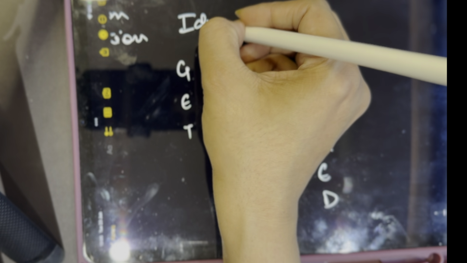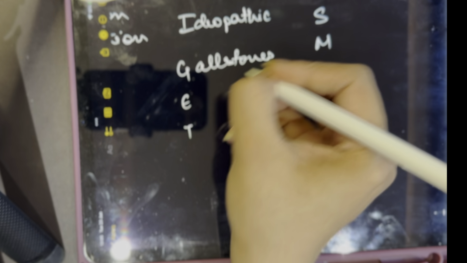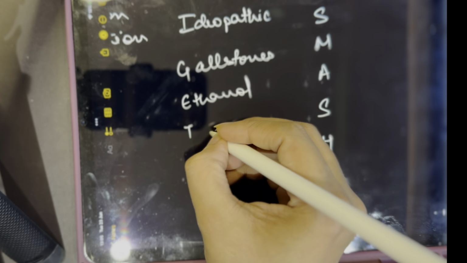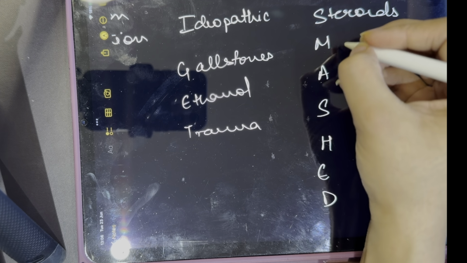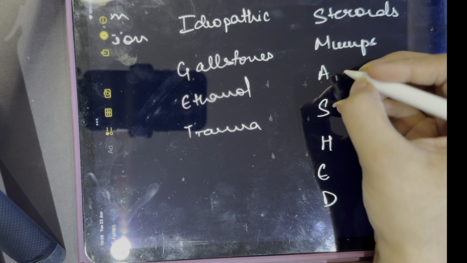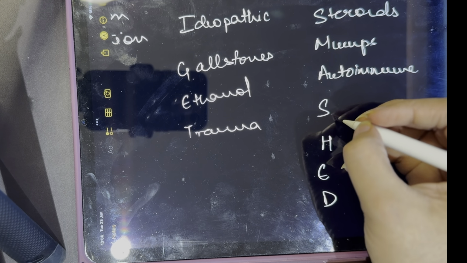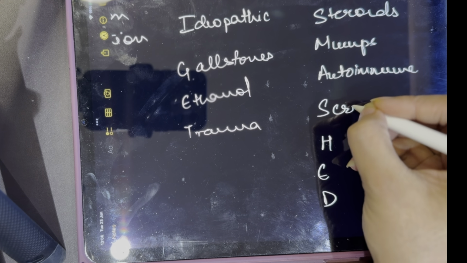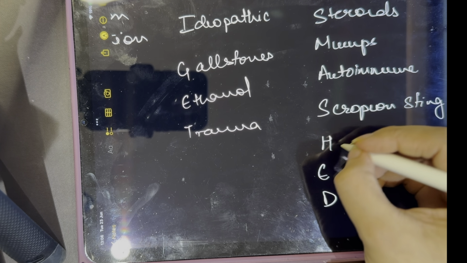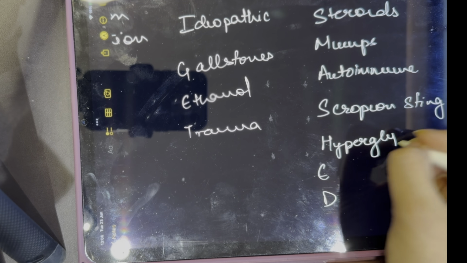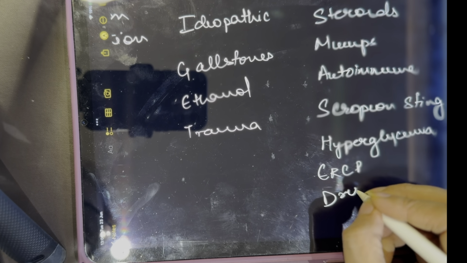I for idiopathic, G for gallstones, which is very common, E for ethanol, T for trauma, S for steroids, M for mumps, A for autoimmune, S for scorpion sting, H for hyperglycemia, E for ERCP, and D for drugs.